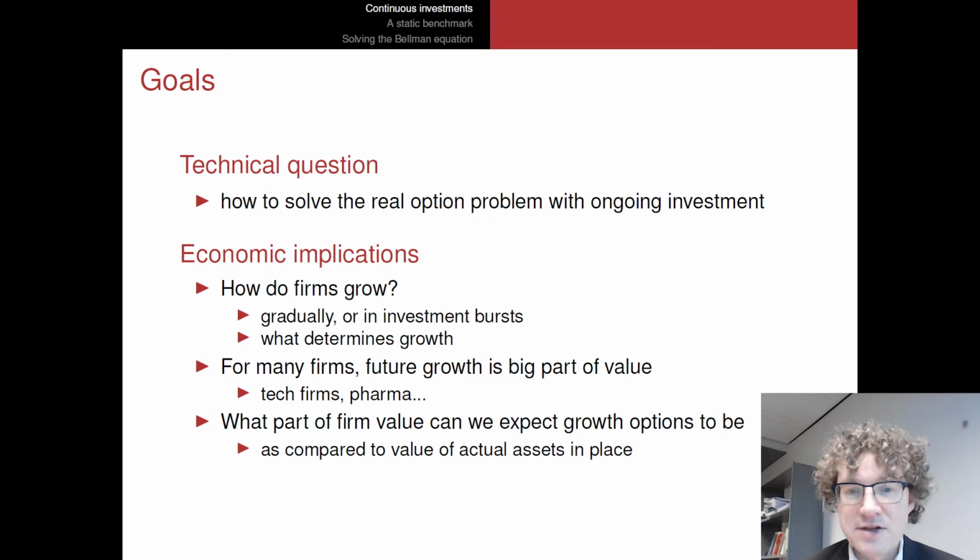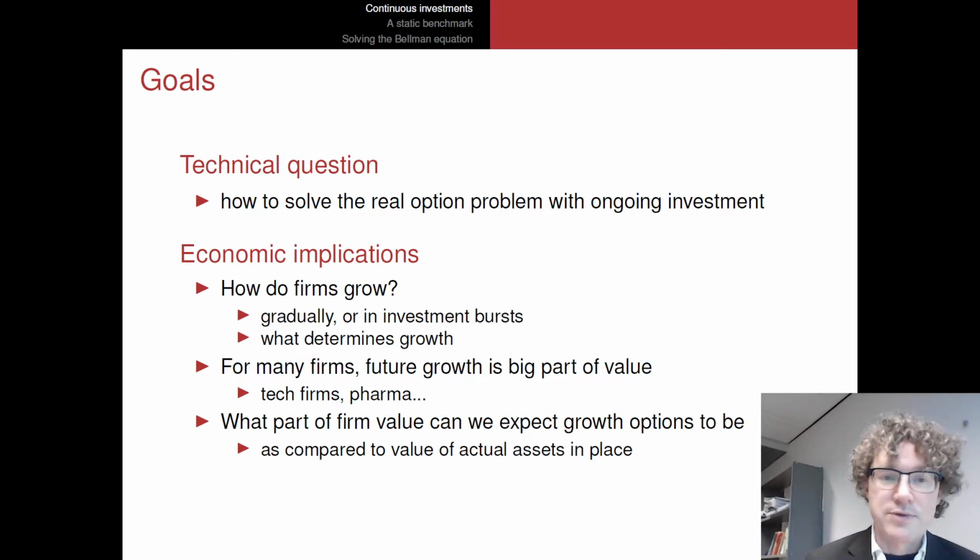So in particular, the value of the growth option in these growth firms might be fairly large, might even be larger than the value of those assets that are at this point in time in place. So we are going to ask in this particular model of Pindijk's, what part of firm value do we see there that growth options play in explaining the total value of this particular firm, and how can we relate that to these firms that we see in practice that depend a lot on growth options.